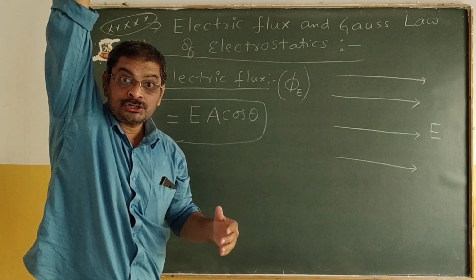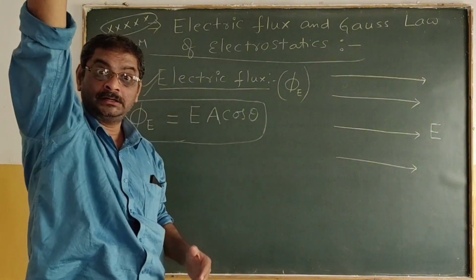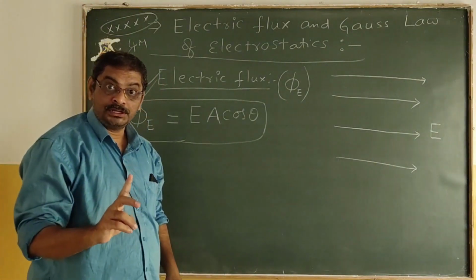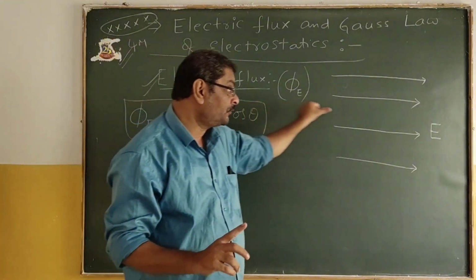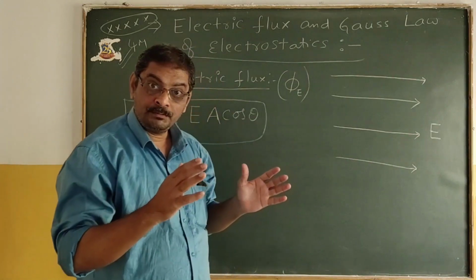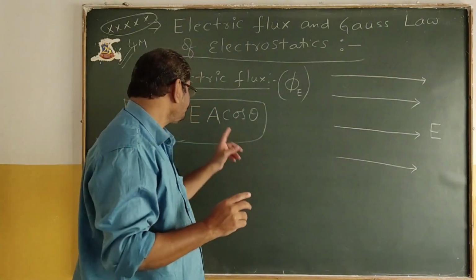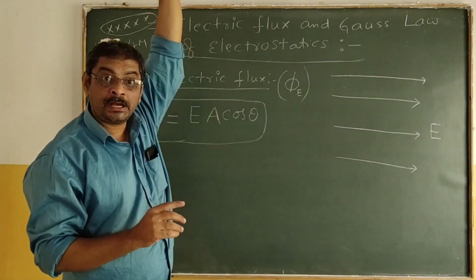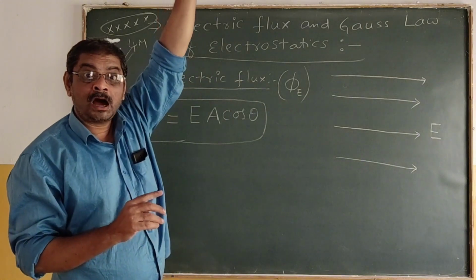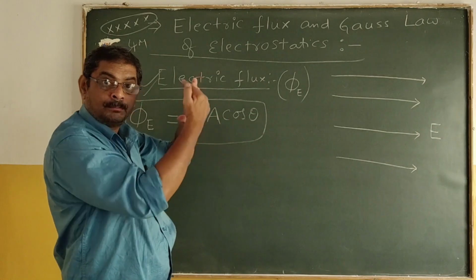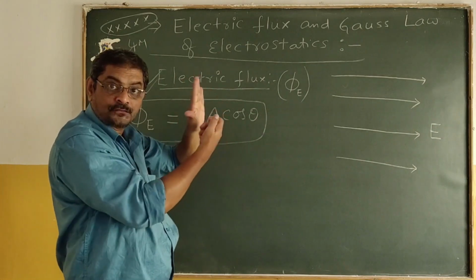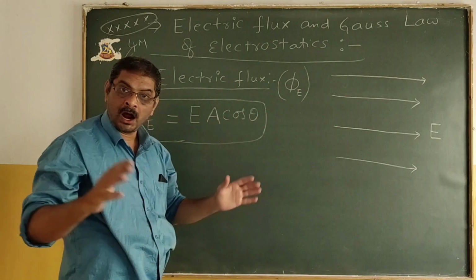And remember, as far as direction is concerned, the direction of the field vector will be horizontal, and the direction of the area vector will be normal to the plane of the surface, acting outward.